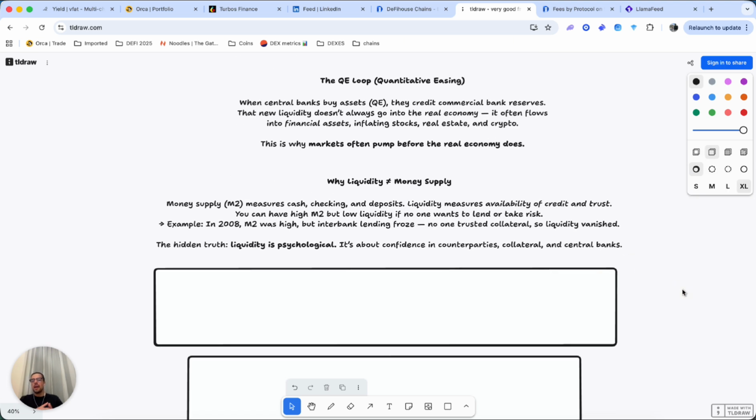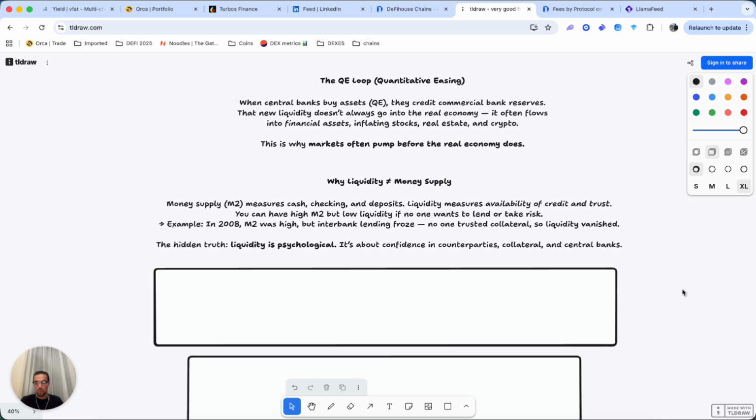Next, why liquidity is not equal to money supply? Because money supply M2 measures cash, checking accounts, and deposits. Liquidity measures availability of credit and trust. You can have a very high M2 supply, but low liquidity if no one wants to lend or take risks, right?